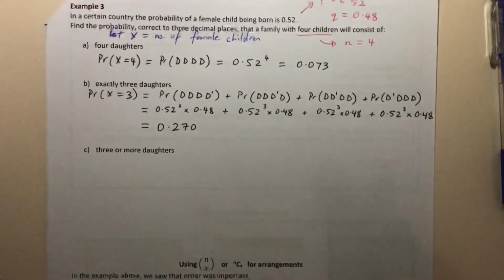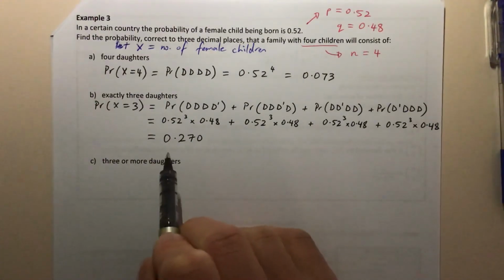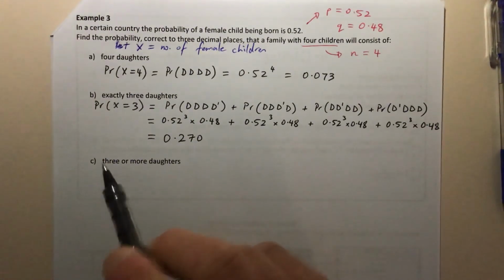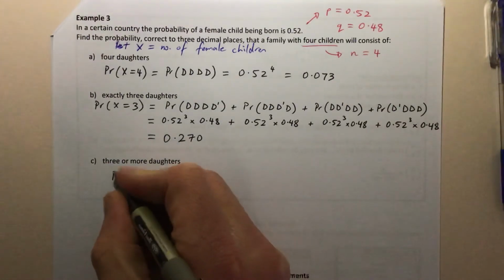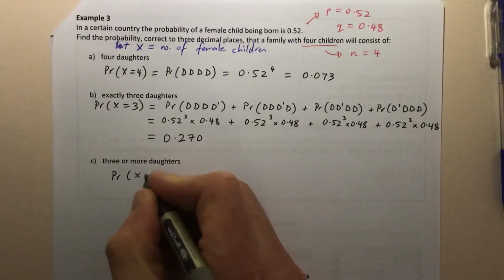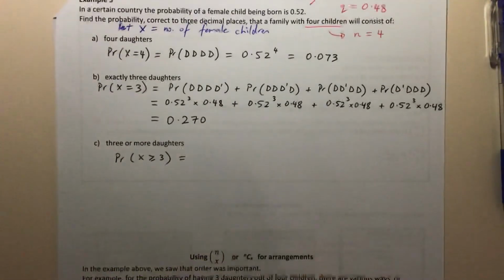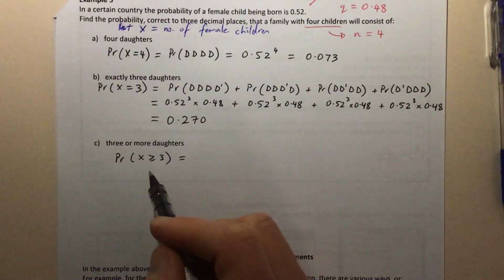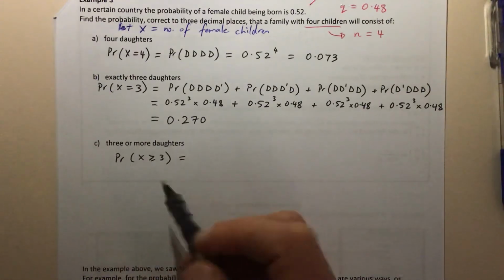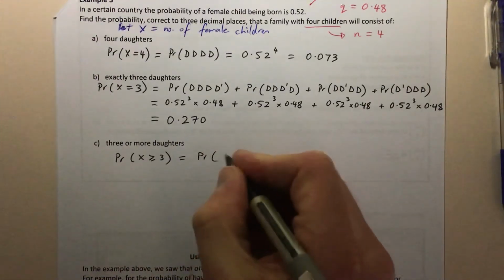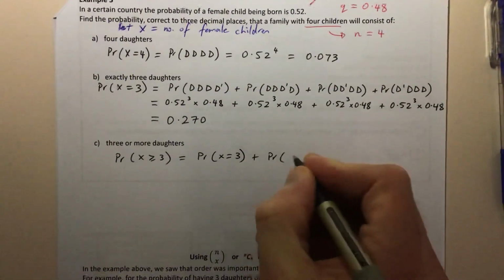So what we've discovered here is that the probability of having exactly 3 daughters out of 4 is 0.270. The last part of the question says, what's the probability of 3 or more daughters? So really this means, what's the probability that x is greater than or equal to 3? Well, again, we can think of this as the ways that that can happen. The probability of getting 3 or more daughters means you either want to get exactly 3 or you want to get exactly 4.